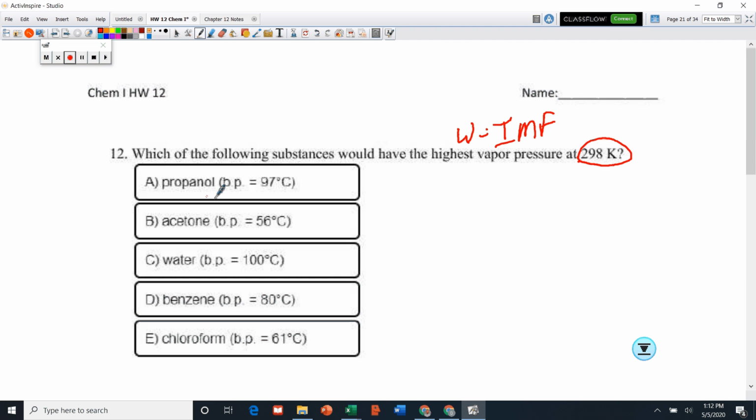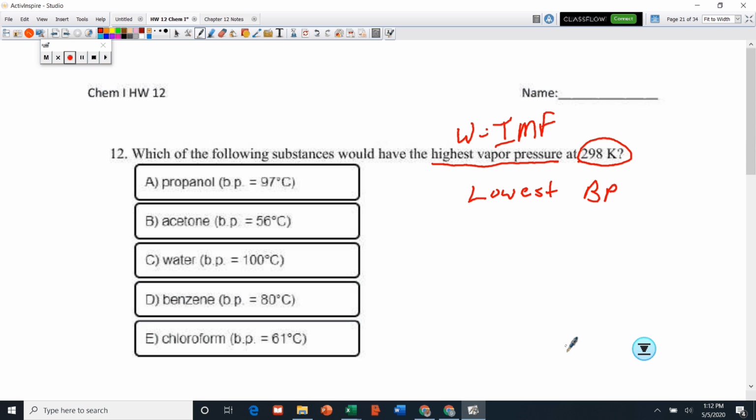So, and then it's going to be easy enough. So we want to have the one with the highest vapor pressure. So we want to have the one that has the lowest boiling point.